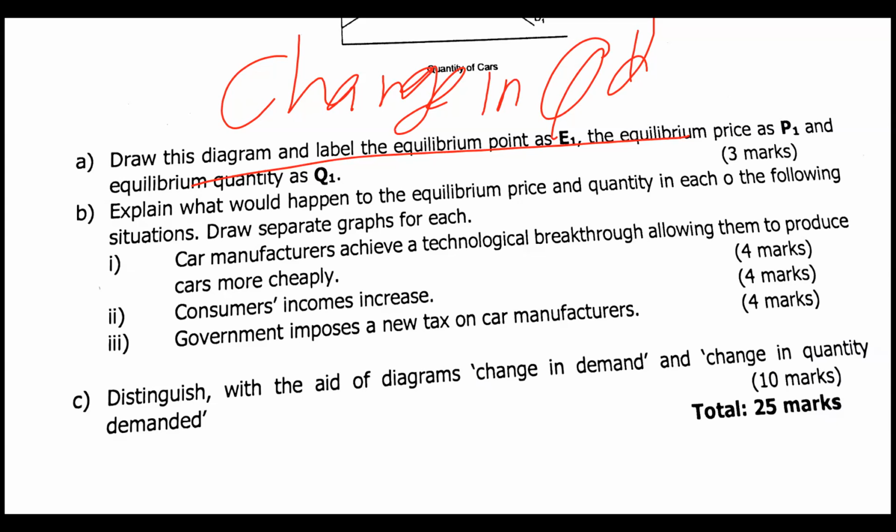You assume the other factors are not changing, only price has changed. What that causes is the change in quantity demanded. So the change in quantity demanded is caused by a change in price, holding other factors constant, ceteris paribus.